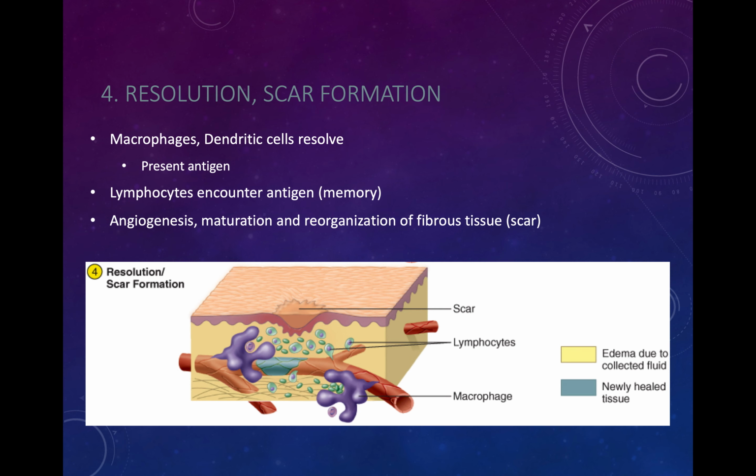You'll also have not just these large macrophages or dendritic cells arriving late term to clean up all of that phagocytic debris, but any memory B and T cells will also arrive on scene at this point.